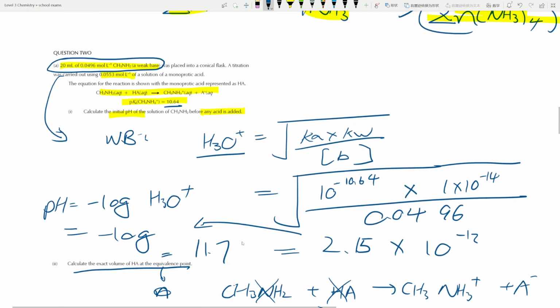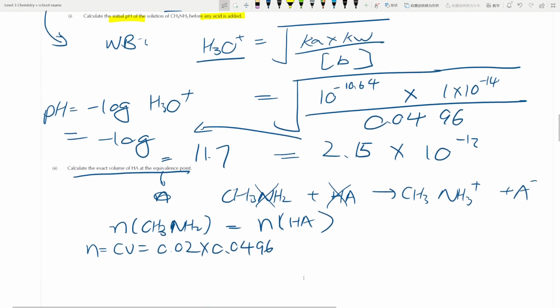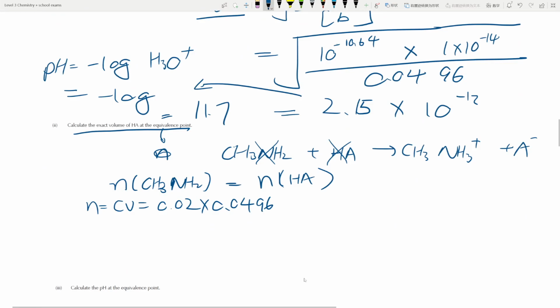So what do we know? Again, it's highlighted here, we know CH3NH2's mole number. How do we do that? We just go n equals CV, which is 0.02 times 0.0496, which is going to give us the mole for CH3NH2, which is 0.000992 mole. We know this mole.